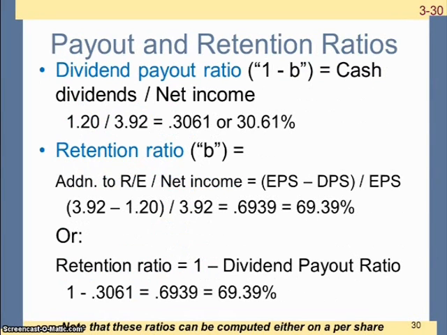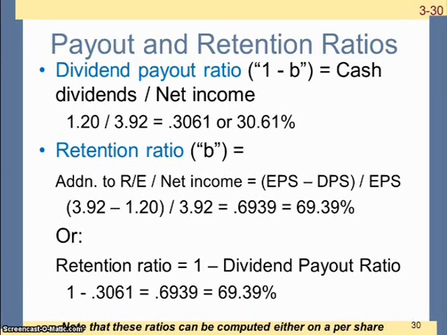Now we are going to payout and retention ratios. What is the payout ratio? The dividend payout ratio, 1 minus b, is the rate at which a company distributes earnings to its shareholders in the form of dividends.